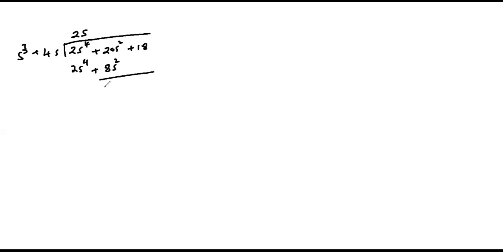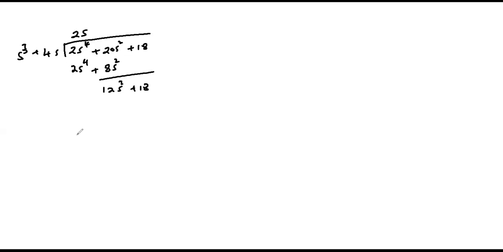First, you perform the division of 2S to the power 4 plus 20S squared plus 18 by S cubed plus 4S. Notice we require this to be 2S to get 2S to the power 4 plus 8S squared, and the difference will be 12S squared plus 18.